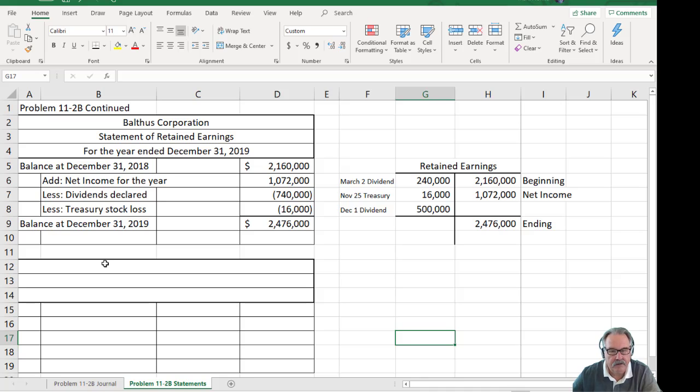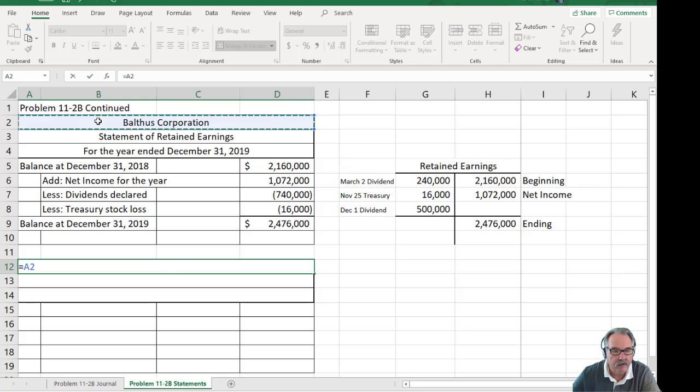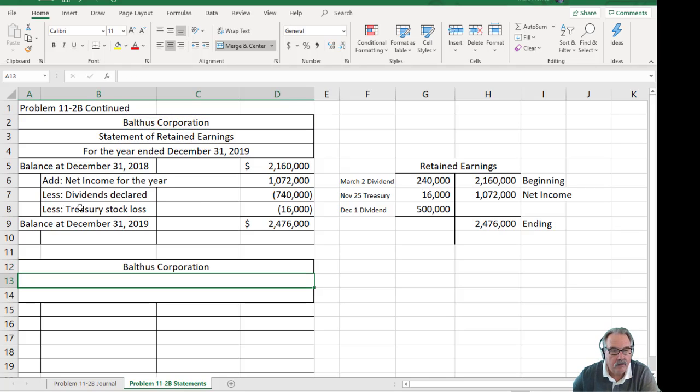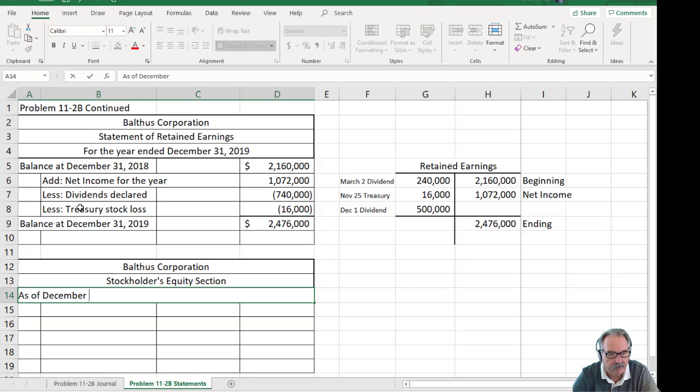And down below, we can also prepare what we'll call the stockholders equity section. This would not be a separate statement. This is just the stockholders equity section of the balance sheet, and this is as of December 31, 2019.